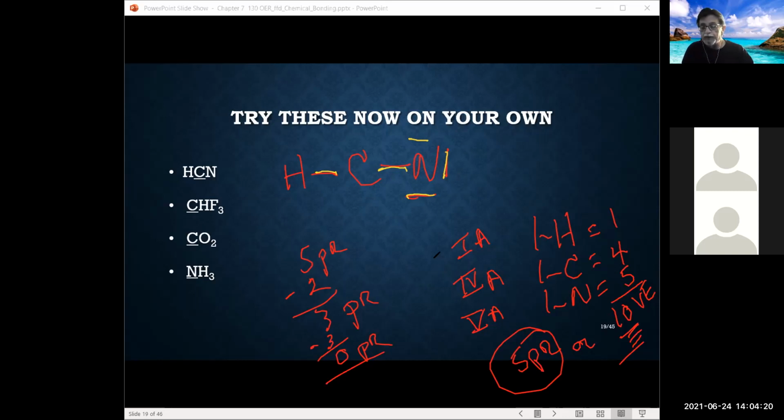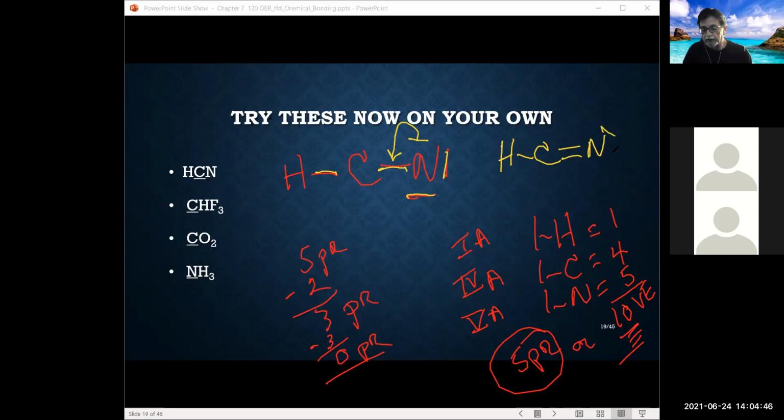Now, we can't just add more valence electrons here. We have to share and create a double bond. So what we do is we take one of these pair and make a double bond. And so we result in hydrogen bonded to carbon, double bonded to nitrogen.